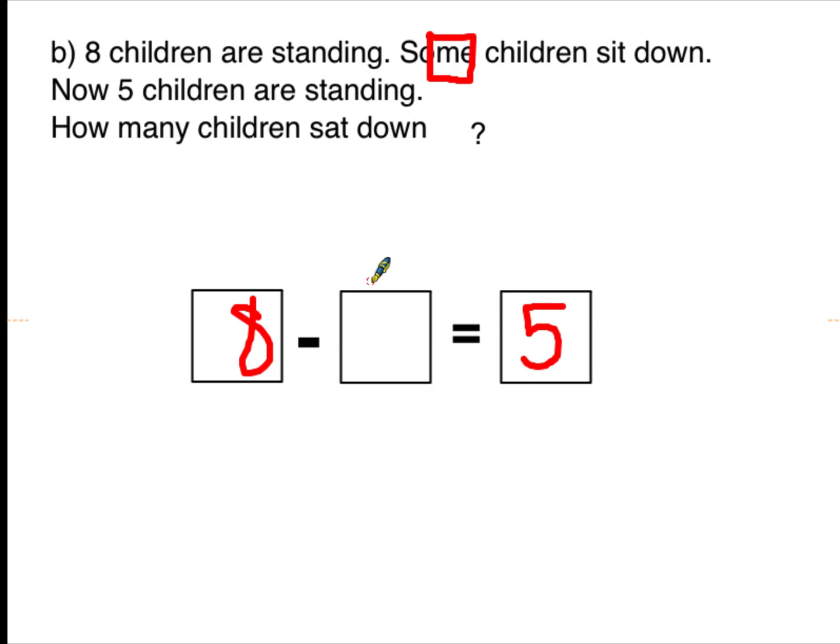Or you can grab the 5, count forwards till you get to the 8. 5 is pretty close to the 8, and counting forward is easier. So I'm going to grab the 5, count till I get to 8. 5, 6, 7, 8. I have 3 fingers standing up. 8 take away 3 equals 5.